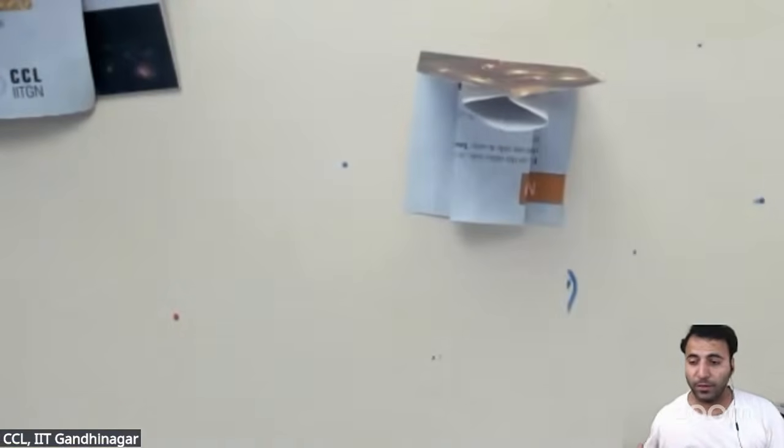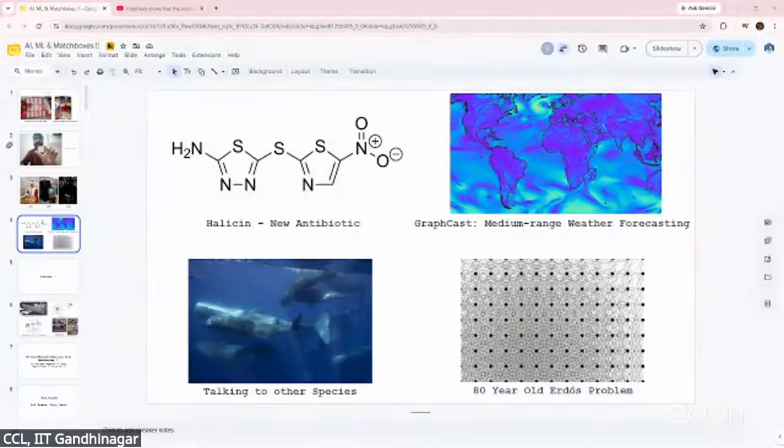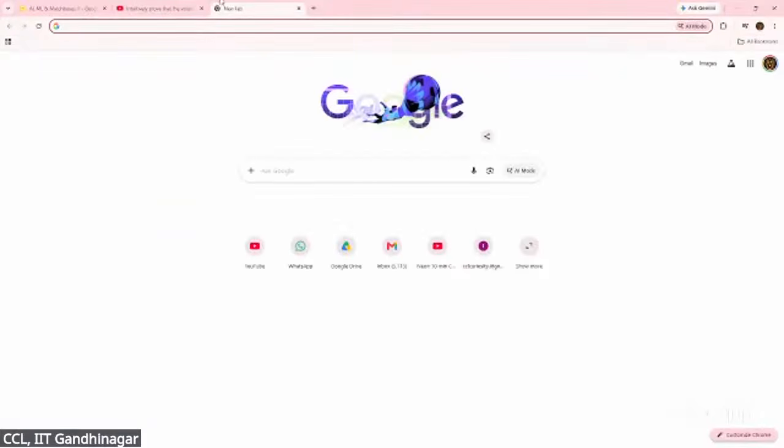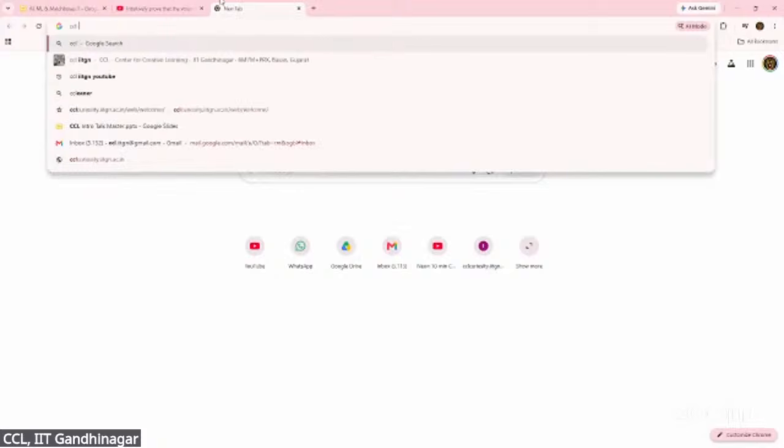And maybe if you wanted to create your own images and puzzles out of it, तो वो कैसे करते हैं फटाफट से मैं आपको वो दिखा देता हूँ. That's what one of our colleagues has worked upon. So आप सेंटर फॉर क्रिएटिव लर्निंग की वेबसाइट पे जाएंगे, CCLIITGN सर्च करके.